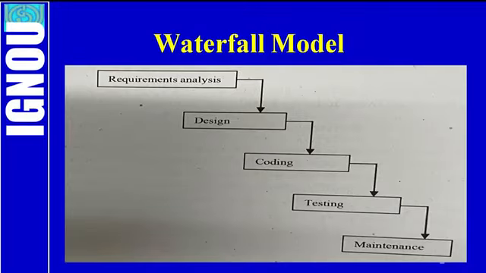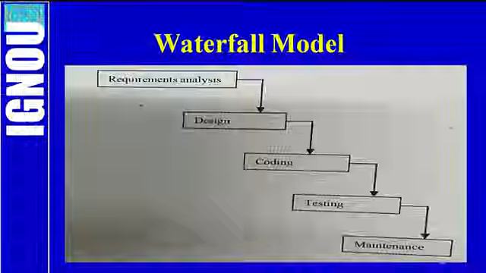So in the waterfall model, you have many steps. The first one is requirements analysis, then comes design, then coding, then testing, and then maintenance. The quite interesting part of this approach is that after you move from analysis to design, you can only move to coding; you cannot go back to analysis.